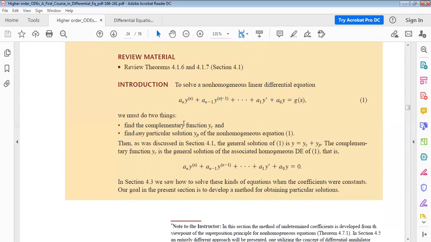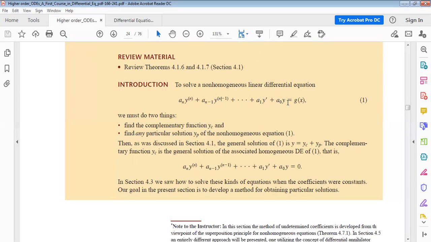So we must do two things here: find the complementary function yc, and then find any particular solution yp. Their sum will be the general solution of the given nth order non-homogeneous linear differential equation.